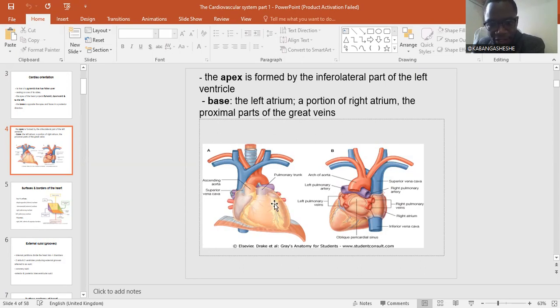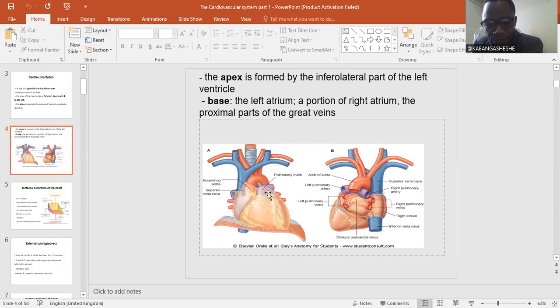In between is a septum. Now the septum is located inside the heart to separate the left ventricle from the right ventricle.